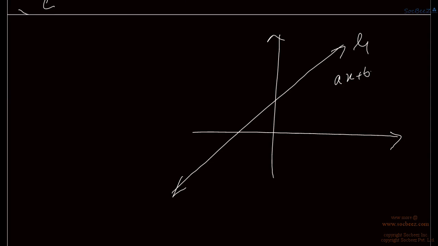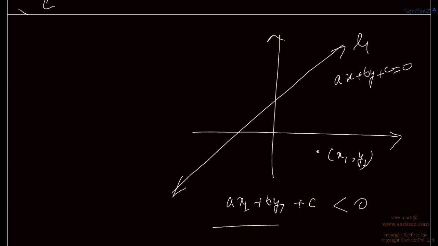Say this is a line L1. So the equation is ax plus by plus c is equal to 0. Okay. Let us take this point. Say this point is x1, y1. Okay. What is the value of ax1 plus by1 plus c? The value of this will be less than 0.